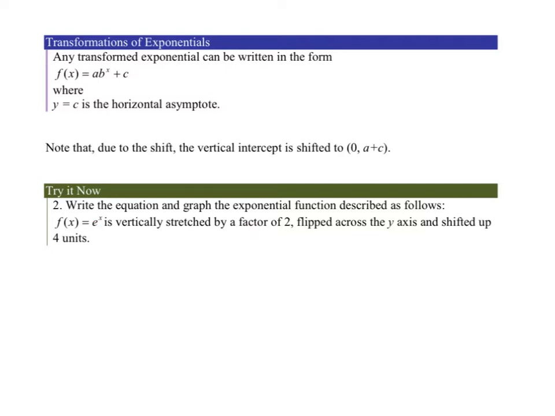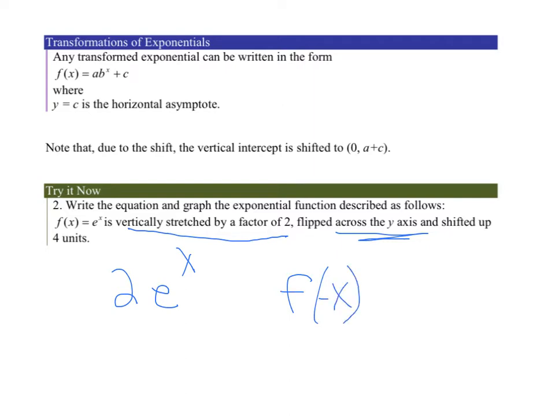Well, just to talk about transformations, slides and stretches, we're stretched vertically by a factor of 2. Well, remember how that's the number in front of the function? So we're going to write 2 times e to the x. So that's easy enough. And then flipped across the y-axis. Well, remember how on the midterm and the other stuff we did, if we made the inside negative, that flipped it across the y-axis.